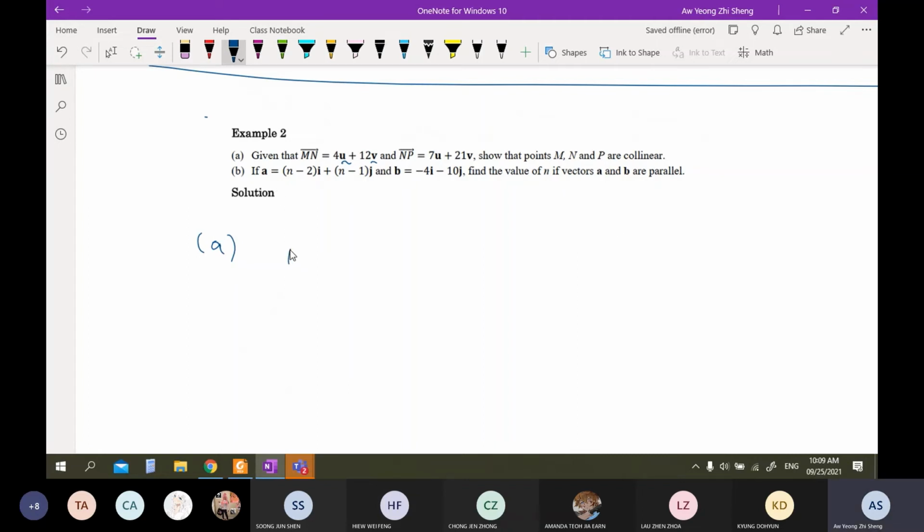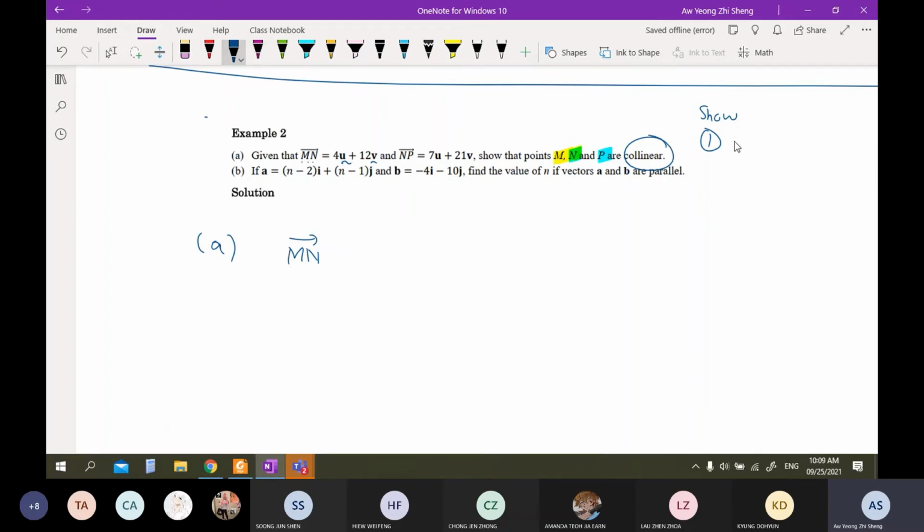To show collinear, we need to show two things. The first thing is two vectors, each of them involving 2 out of the 3 points M, N and P. So in this case, it's MN and NP. MN involves the points M and N. NP involves the points N and P. So these are two vectors that you can use to establish the first condition.